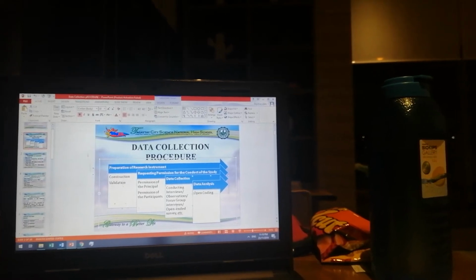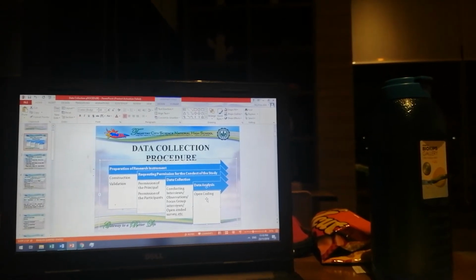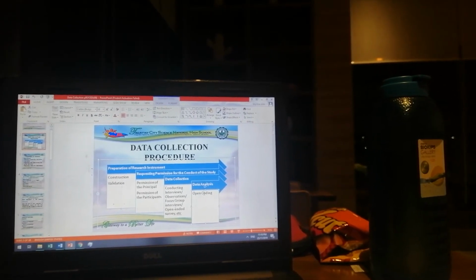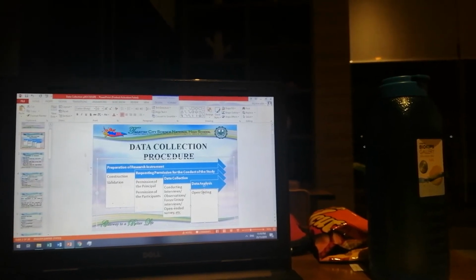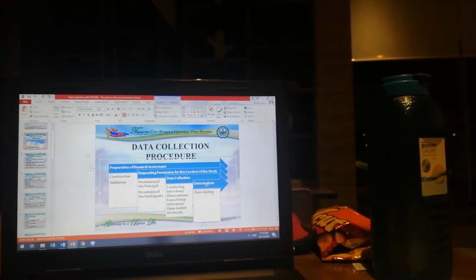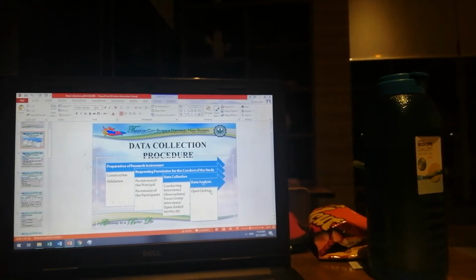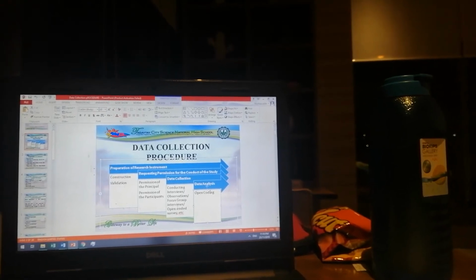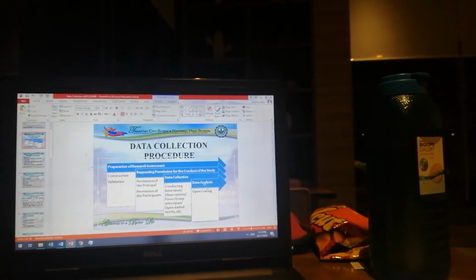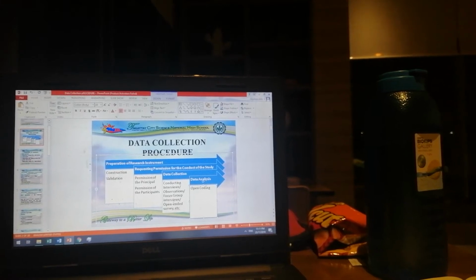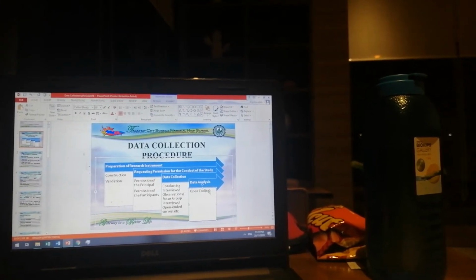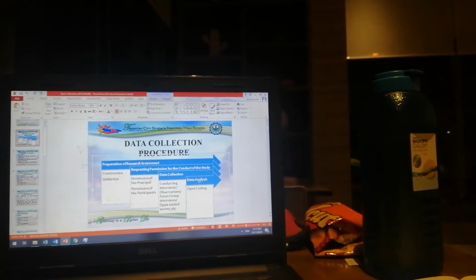And lastly, data analysis. So what are the ways in which you would analyze your data? For qualitative research, you only have to do open coding. But for quantitative research, you have to use statistical treatments. So you have to indicate in this portion the statistical treatments that you will be using for your research.